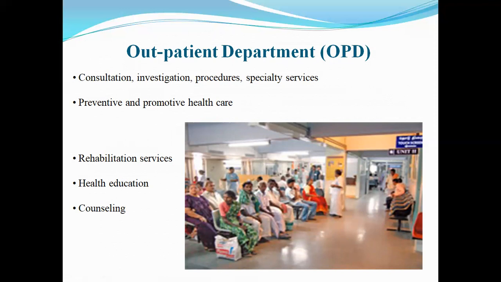This service is provided for drug addicts, chronic alcoholics, and psychiatric patients, through specific therapy and supportive measures like yoga, advice, and some medical advice. So this rehabilitation service is also provided in the OPD.